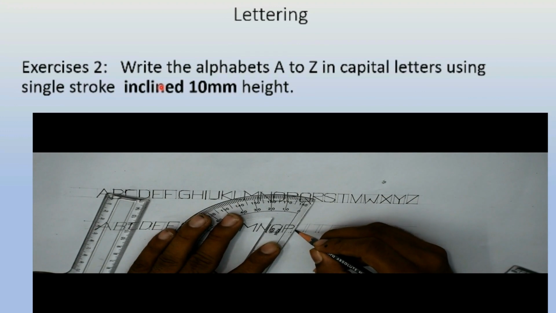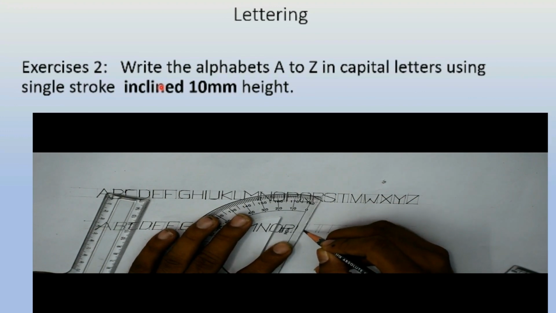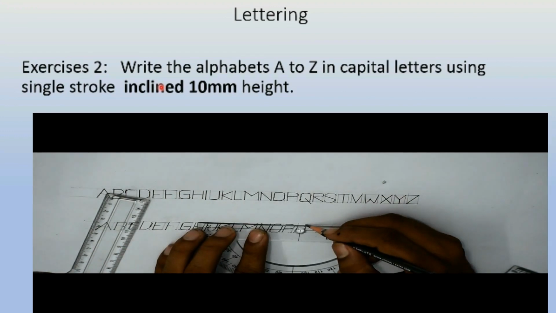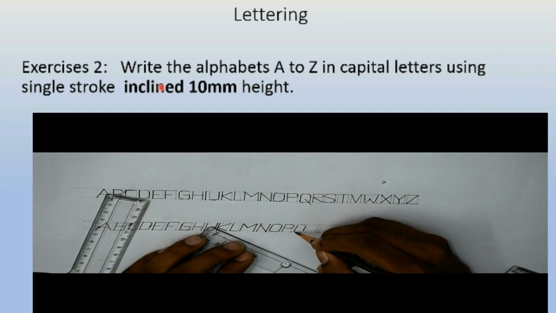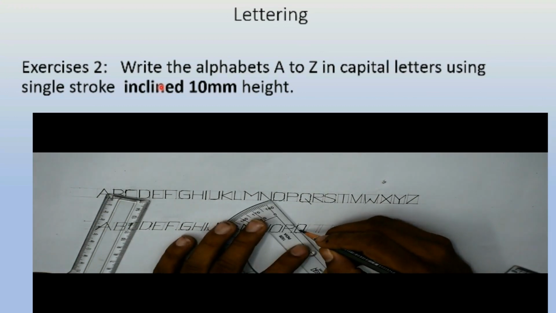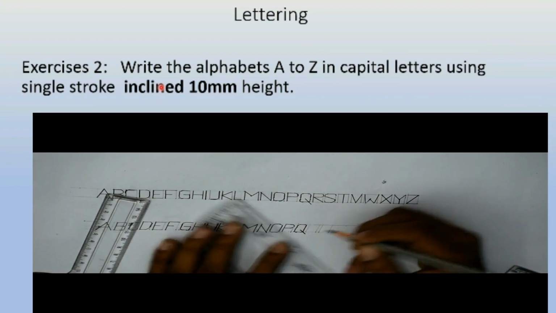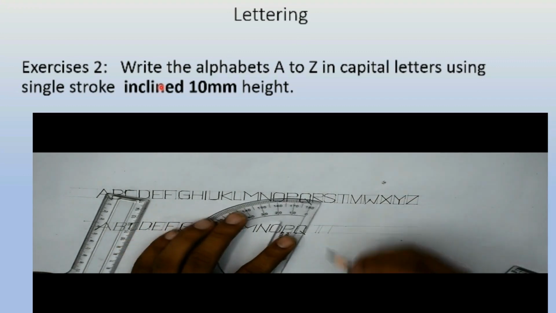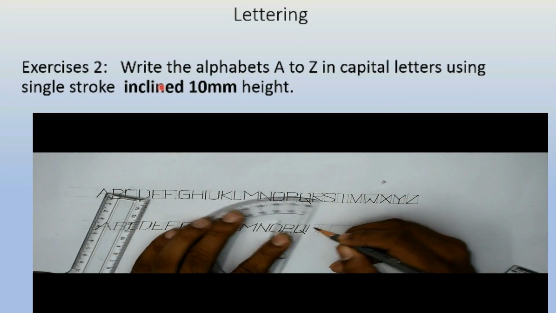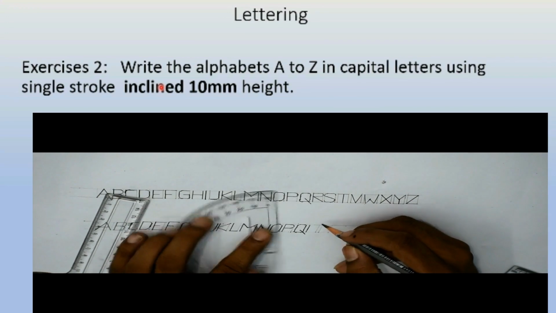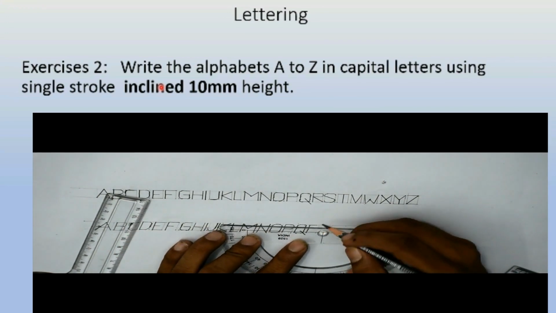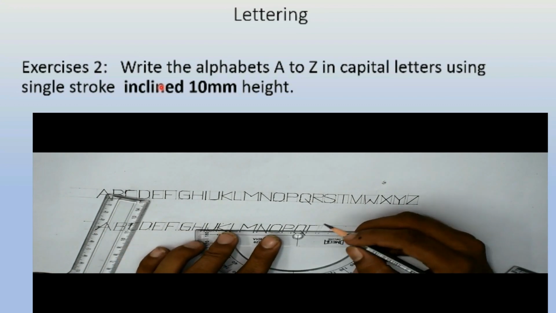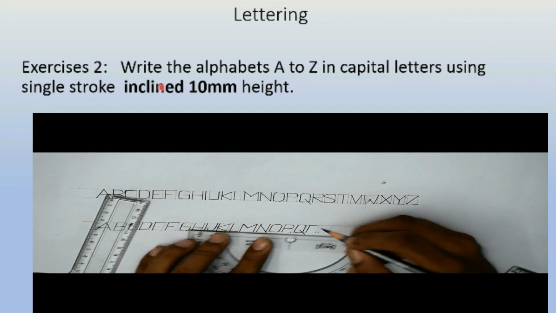Now Q. We will take one line here to indicate the letter Q. And for the letter R, as you know, we have to take this straight line. And here also. And we can take one point here.